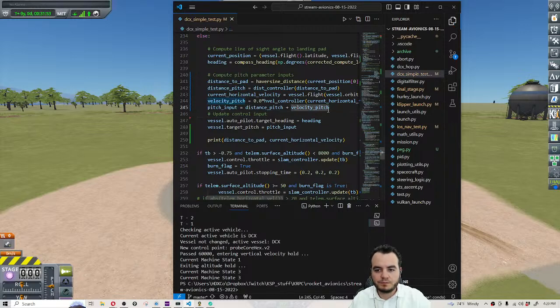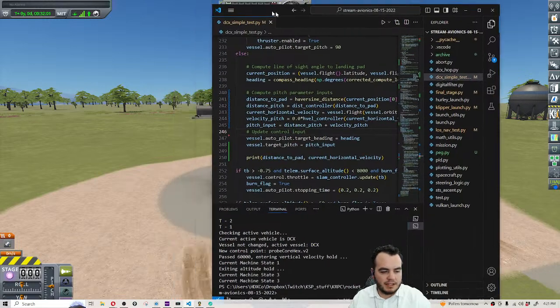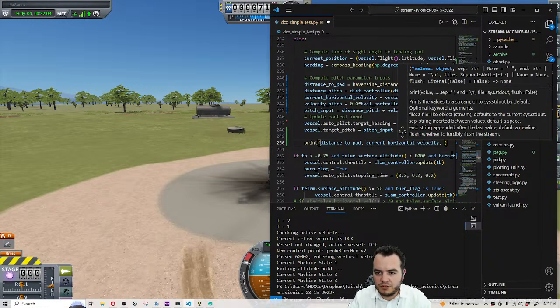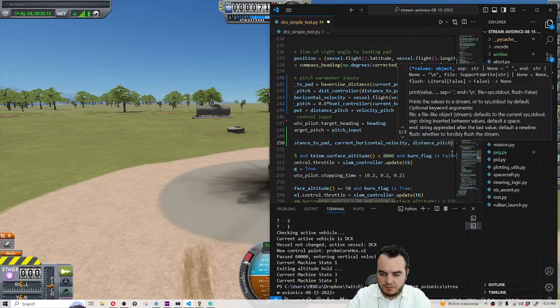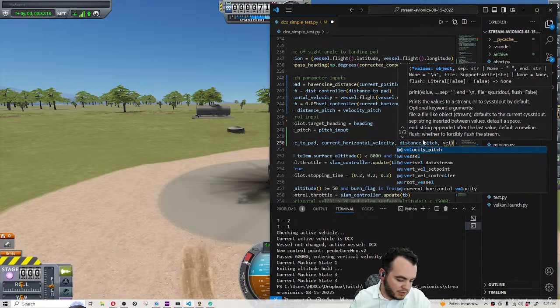Okay. That seems better. Let's go ahead and save that, and then let's go ahead and launch it and see what these outputs are. So we should only be going, oh, yeah, right. And let's actually, so we have distance to pad, current. So let's go ahead and do distance pitch. We'll also do velocity pitch.